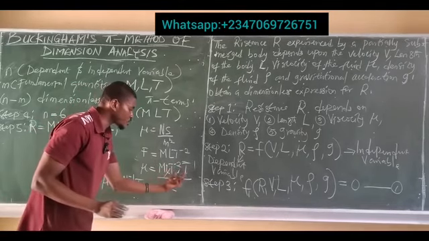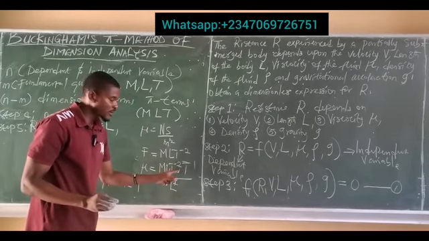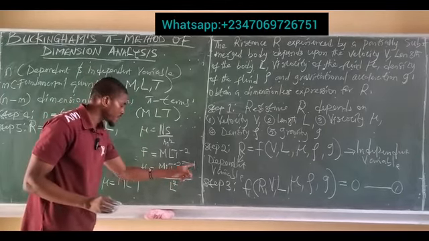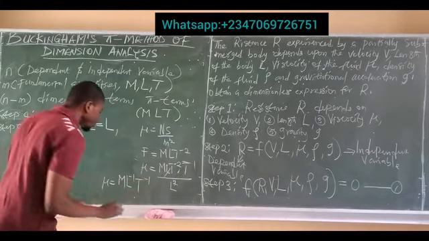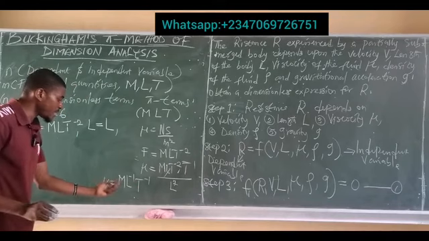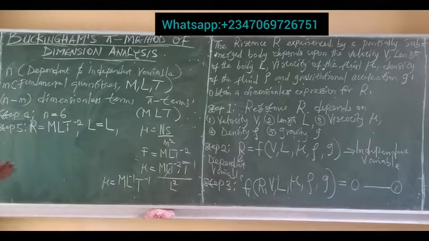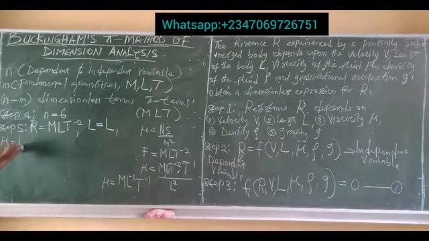By indices, when two terms having the same base multiply one another, pick one of the terms and add their powers. So minus 2 plus 1 remains minus 1. Which means the dimension of viscosity is simply ML to the power of minus 1, T to the power of minus 1. So for viscosity, mu, we have ML to the power of minus 1, T to the power of minus 1.